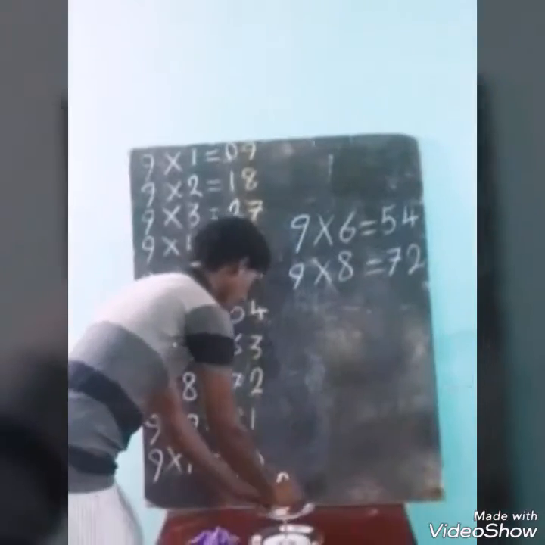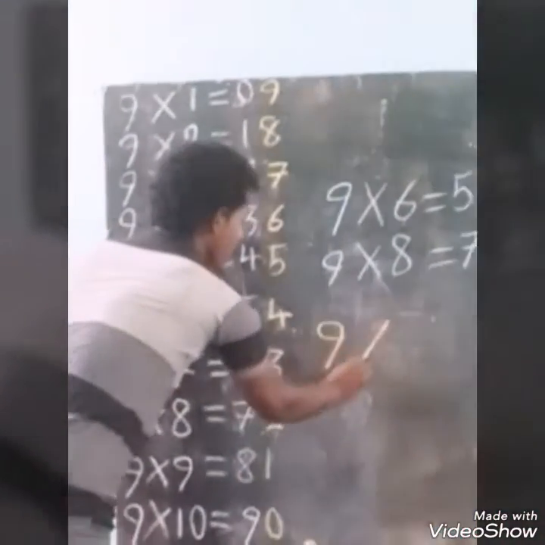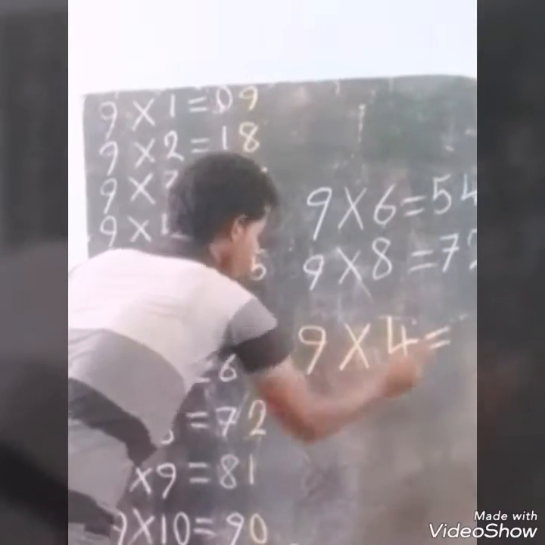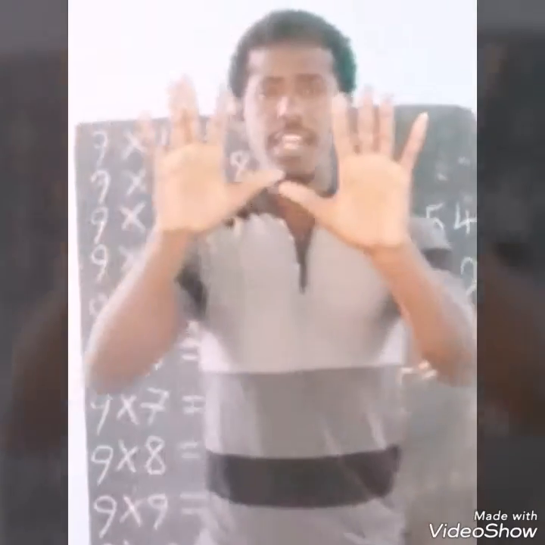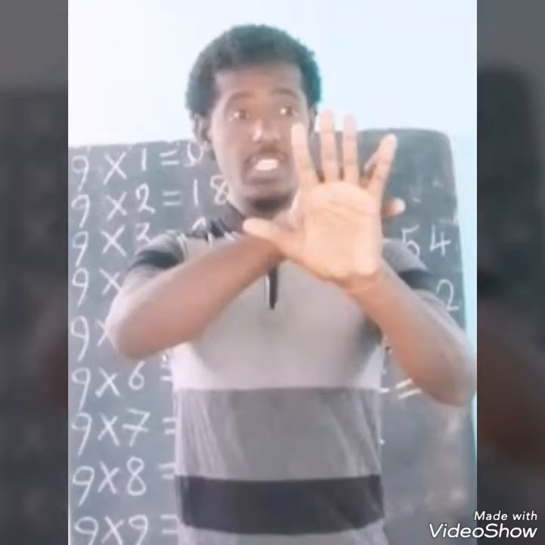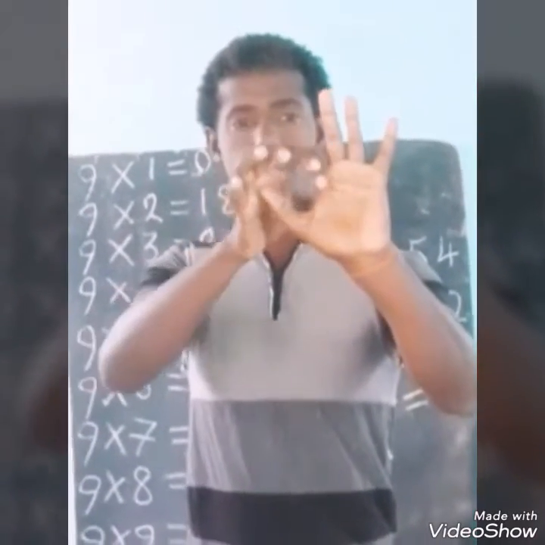So 9 times 4. Let us write it here first. 9 times 4. I am going to calculate with this finger, as I said, 1, 2, 3, 4. So I have this number.